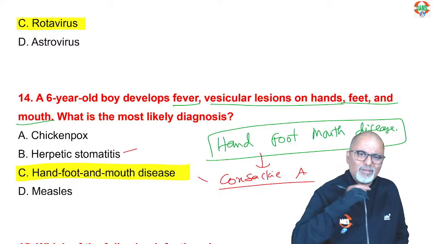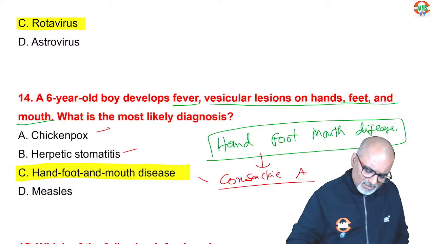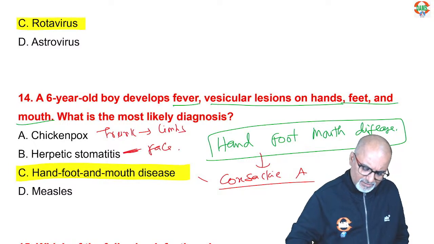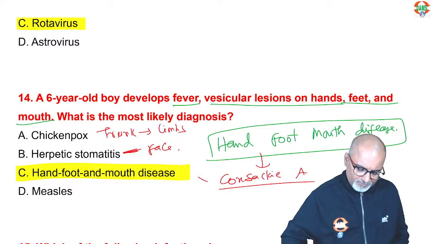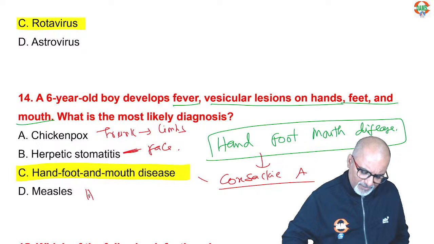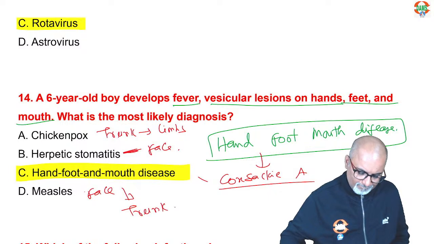Herpetic stomatitis is around the mouth. Chickenpox starts on the trunk and goes to the limbs. Measles starts on the head and face and moves to the trunk. So it's a typical hand, foot, mouth disease. What is the common name? Recently people had a local name, tomato flu.